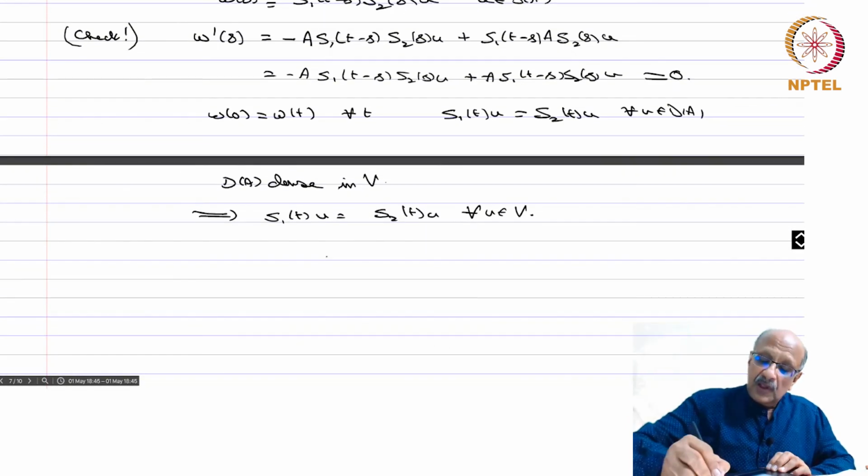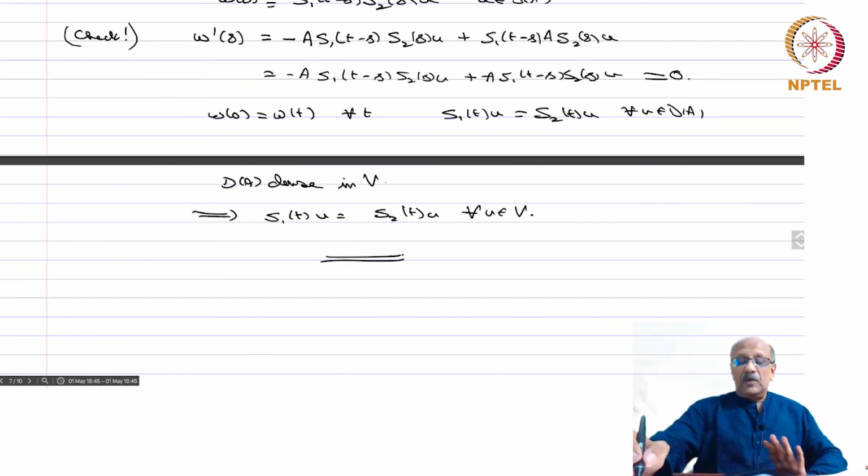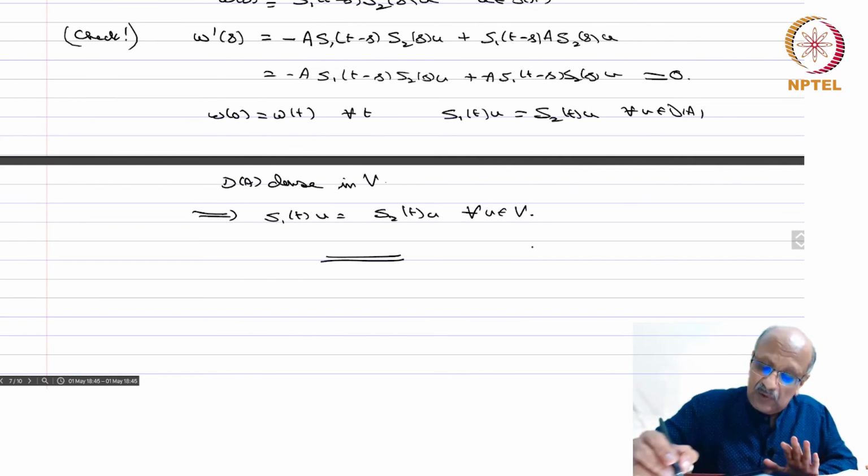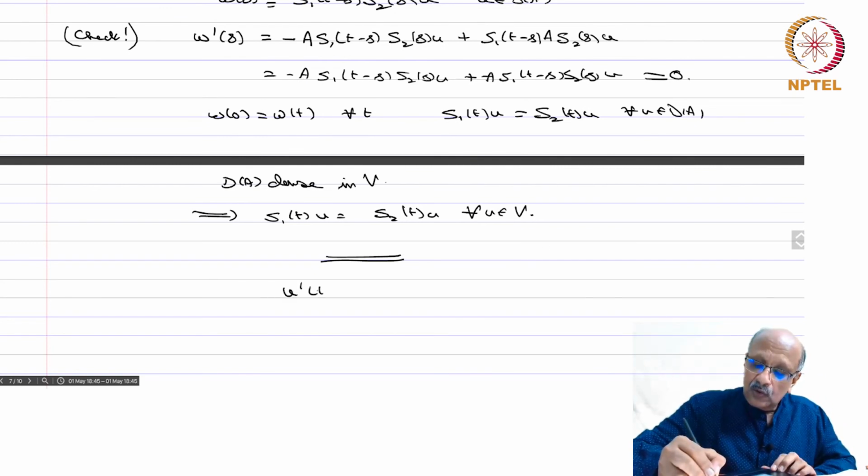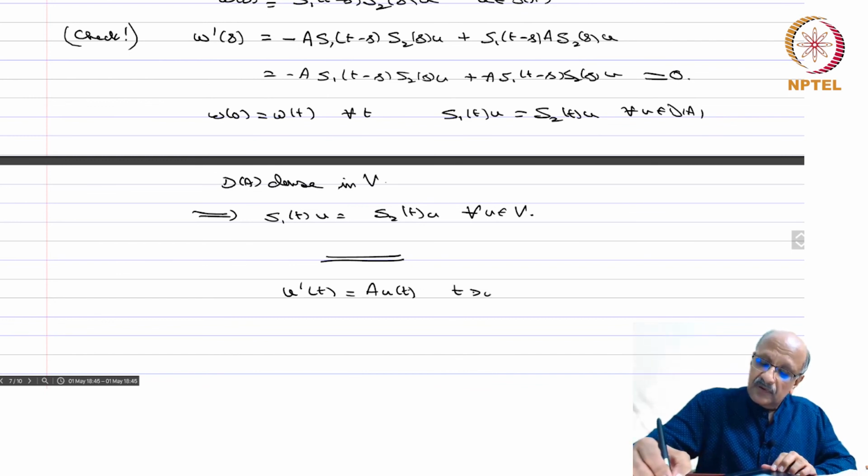So this proves the theorem, and we have now come to the following stage. We are interested in solving u dash t equals A of u t, t positive, u of 0 equals u0.